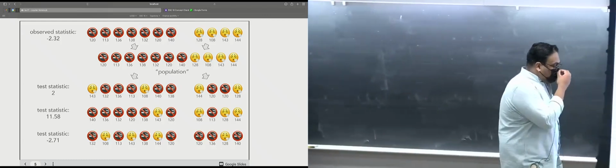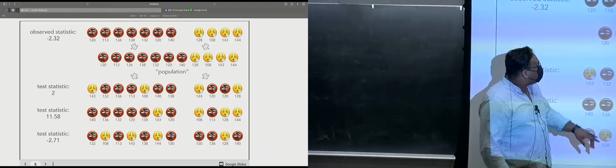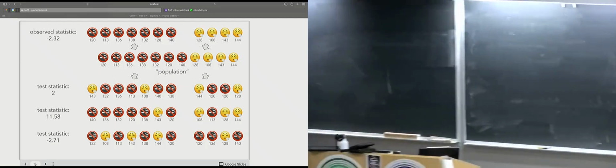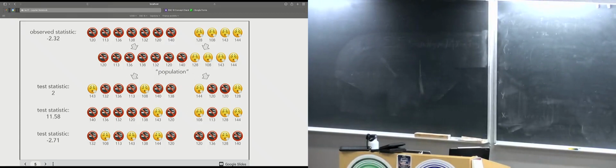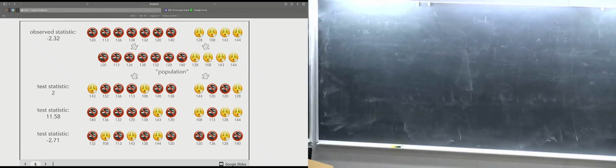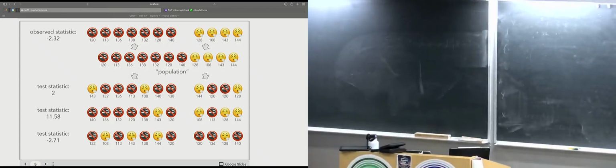Okay? The part that's likely confusing is why I see the smoking emoji over here sometimes and the non-smoking emoji over here sometimes, right? But if I always used the non-smoking emojis here and the smoking emojis here, well, I would always have the same 2 samples as I started with, right? Because when you change the order of 2 numbers, it doesn't change their sum or the average, right?